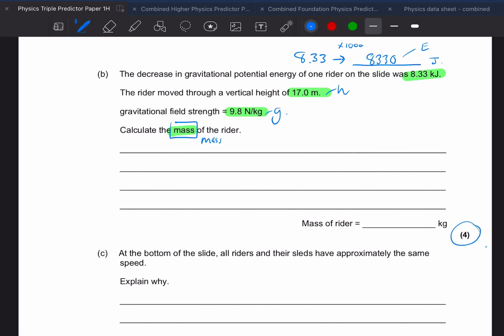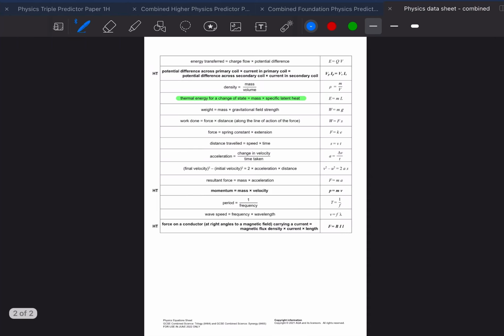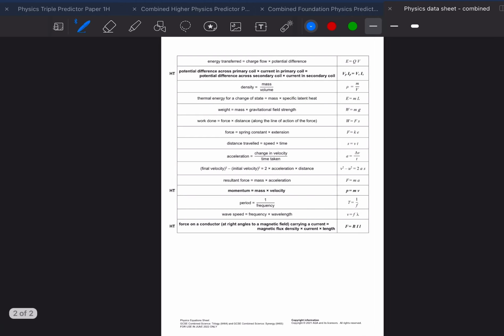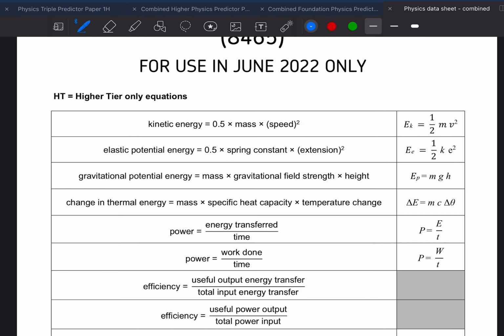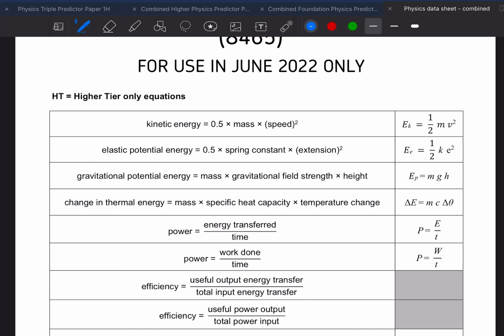So we have to use all of FIFA. We're going to have to fine tune it. So let's grab the data sheet, and we're looking for energy, height, gravity, mass. Always start at the start. Okay, that was pretty straightforward. And the one I was looking for is this one: energy, mass, gravity, and height.